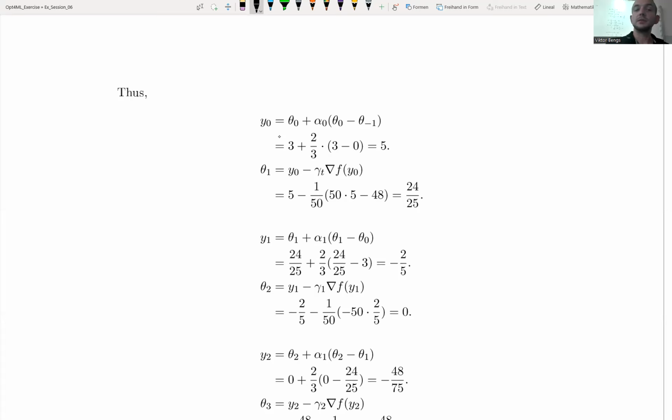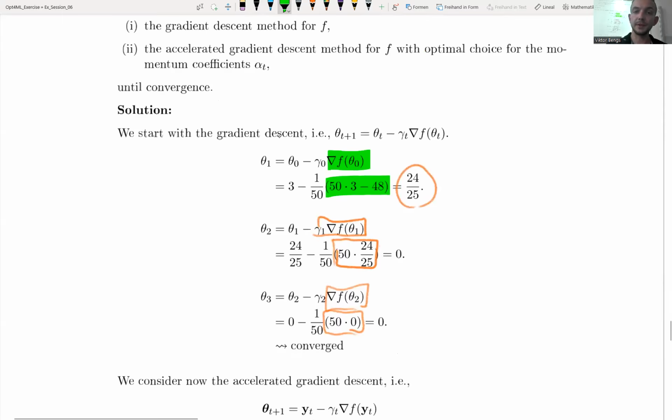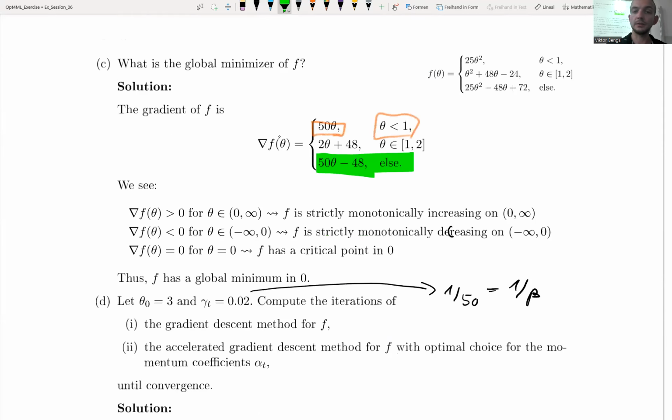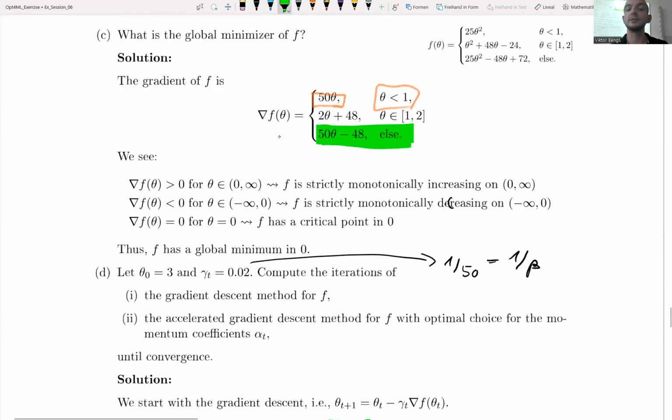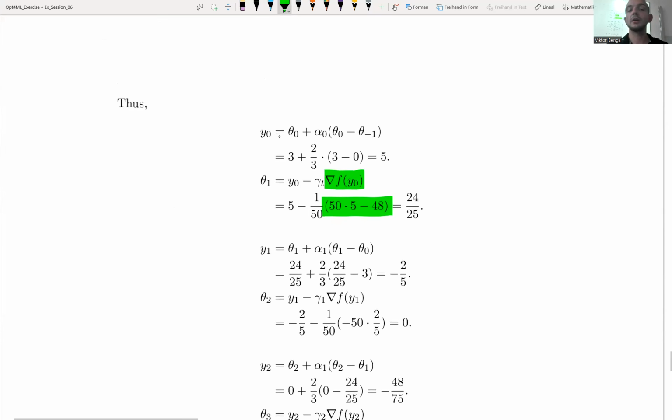You plug in this look-ahead position y0 into the gradient-descent-like iteration. You have again the case that you are strictly greater than 3. We use this gradient, plug in the 5 here, calculated by hand again, and we end up with the same iterate as gradient descent, 24/25.